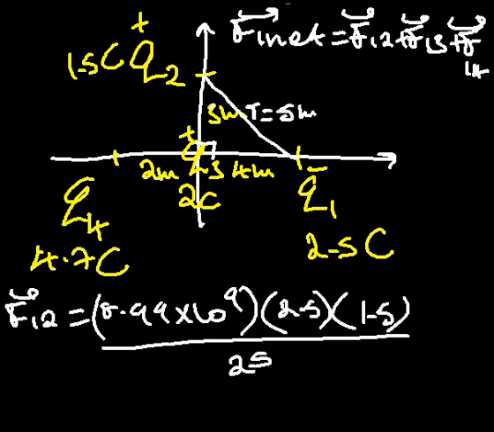So we have 8.99 times 10 to the power positive 9, times 2.5, times 1.5, and we'll then divide by 25.